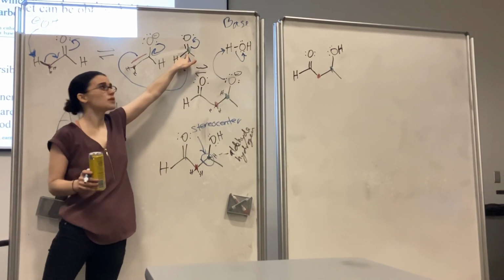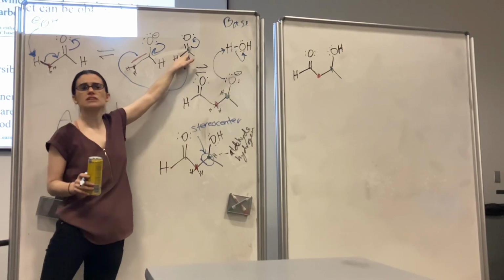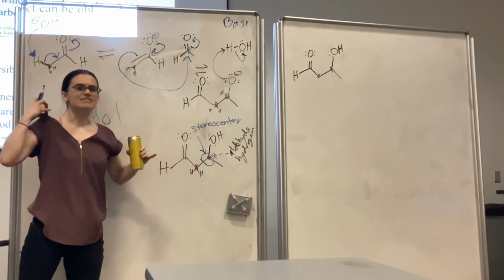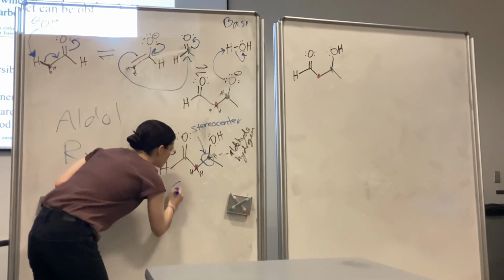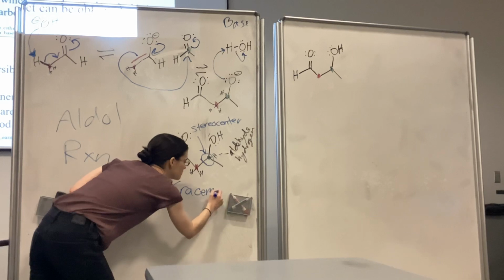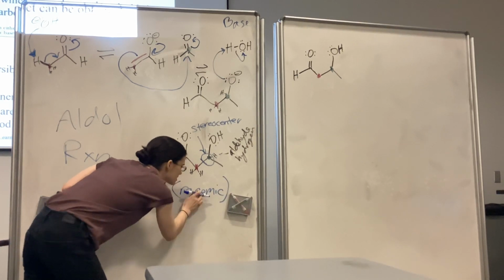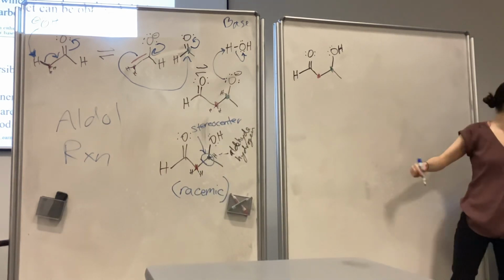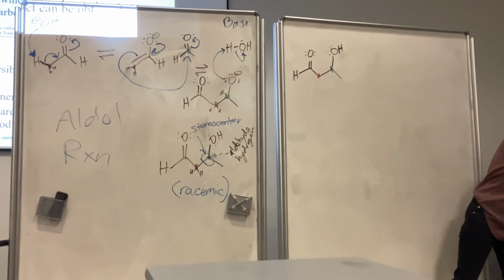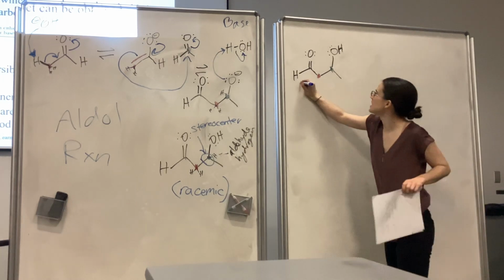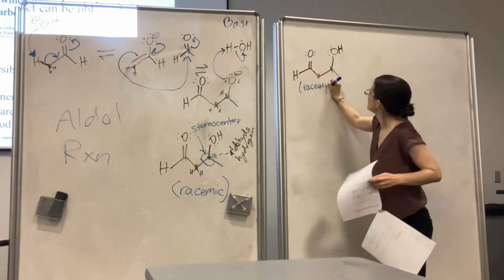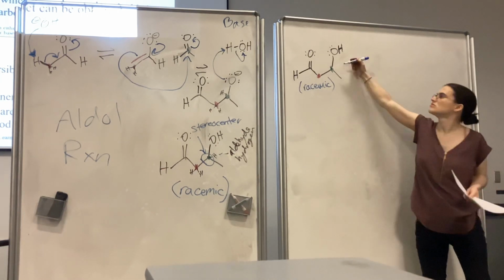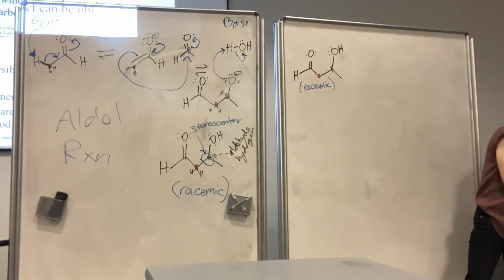And remember, anytime we attack a carbonyl carbon, because it's flat, you can attack from up here or down here, and you're gonna get a racemic mixture. So that's a C hydrogen. That's gonna be racemic. So when it starts on this page, it just reminds us, we've got this and it's racemic, so don't worry about drawing stereochemistry there.